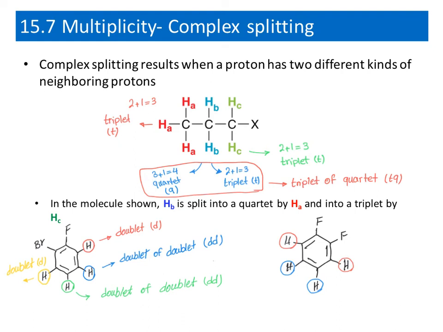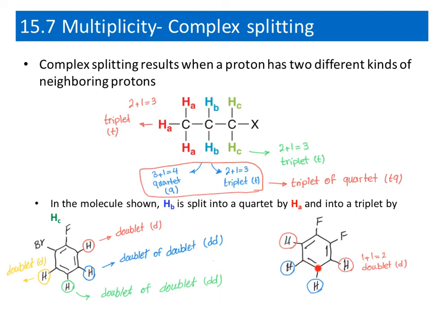Now let's look at the multiplicity of each hydrogen. With the red hydrogen, this hydrogen is connected to the carbon right here. On a neighboring carbon, we have one blue hydrogen. So 1 plus 1, we see a doublet for the red hydrogen. Now how about the multiplicity for the blue hydrogen? This blue hydrogen is connected to this carbon.